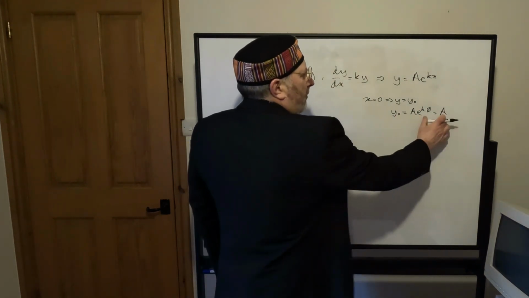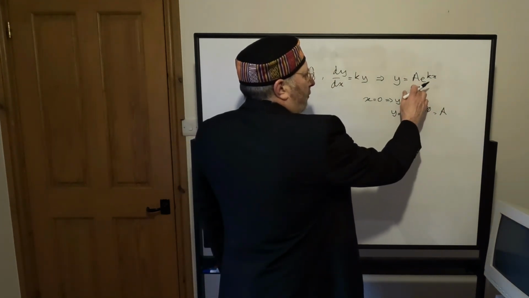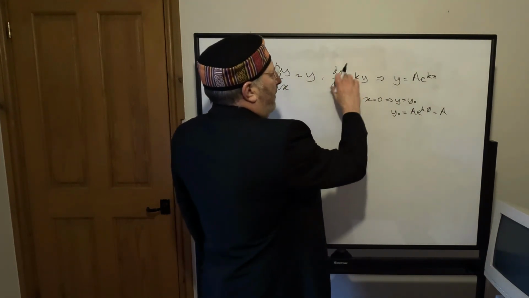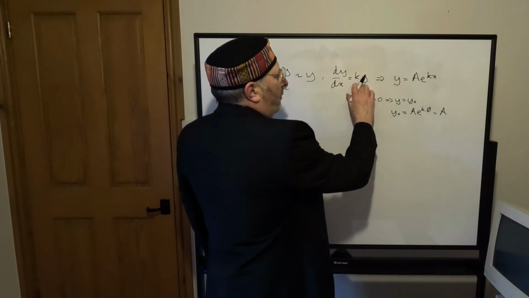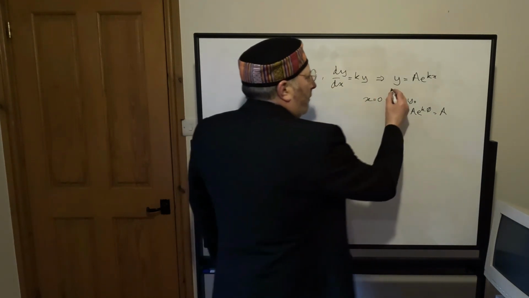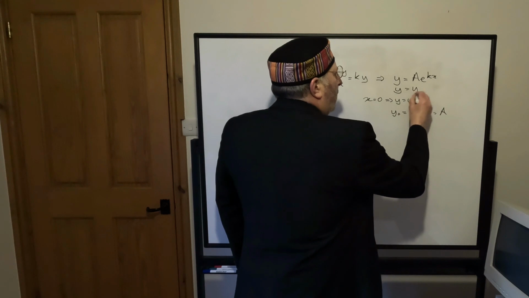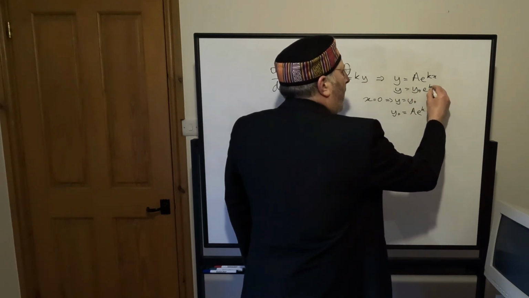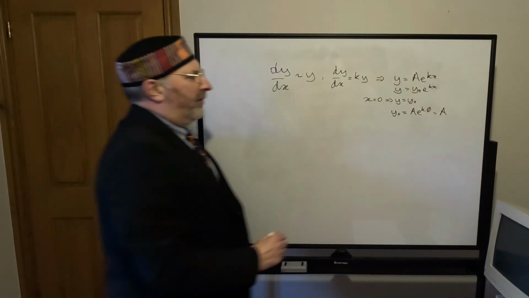So y0 equals a, or in other words, a is y0. So if we've got an expression like this, dy by dx equals ky, it means that y equals y0 e to the kx, where y0 is the initial value.